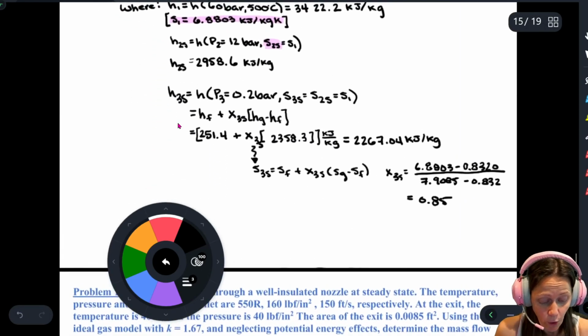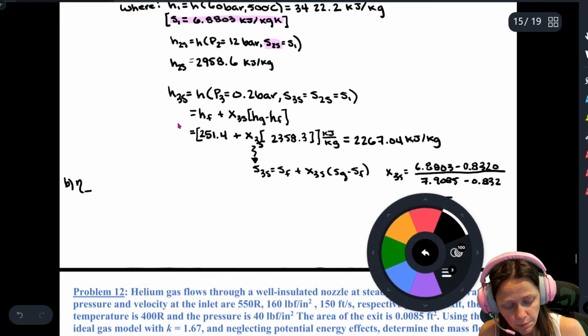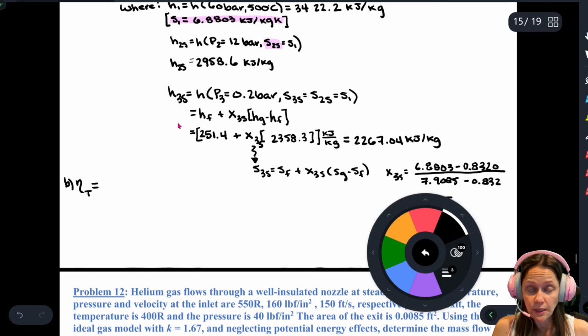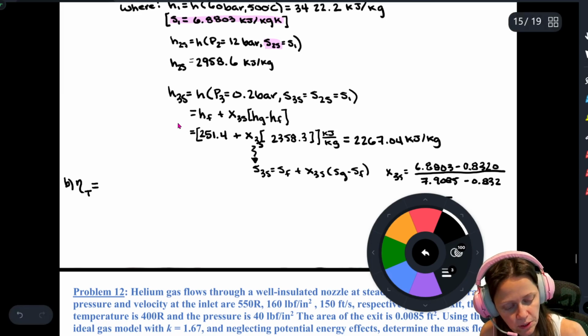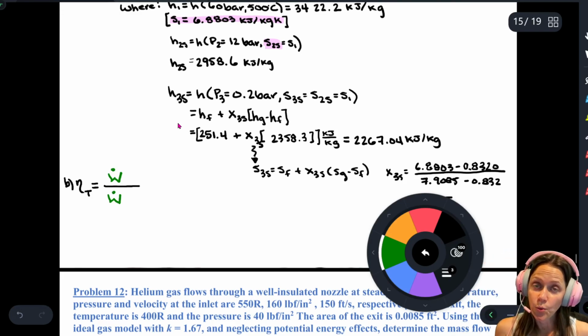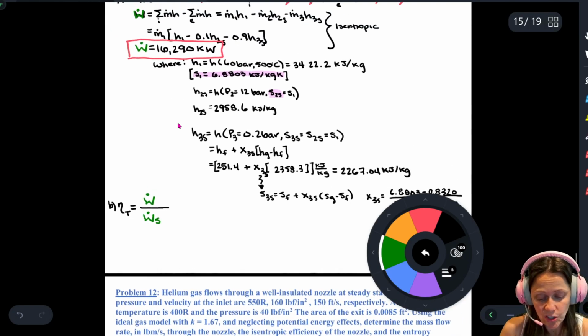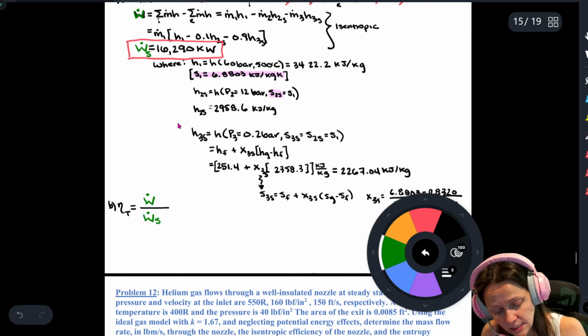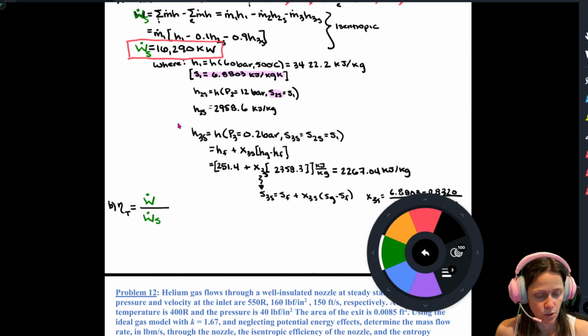And since I've already done the hard work, the isentropic efficiency relates the two work outputs. I could put this in terms of W dot as well if I wanted to. It doesn't matter. Ideally, I'd get a lot of work out of this, so that's going to be the denominator. And I've actually already calculated that, because part A is the work for the isentropic process.